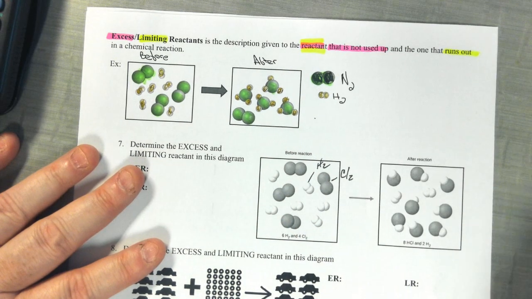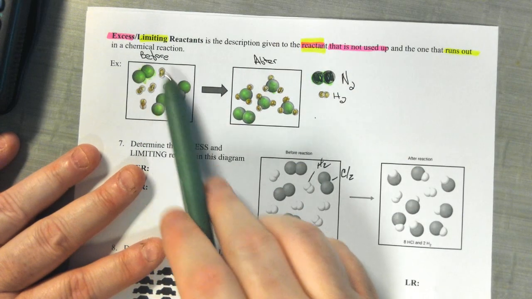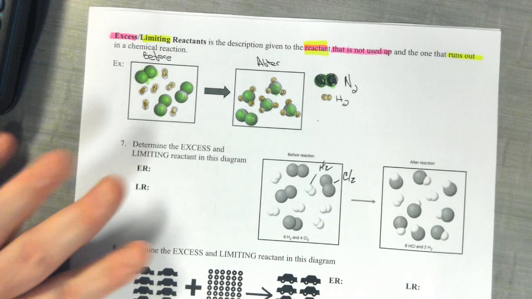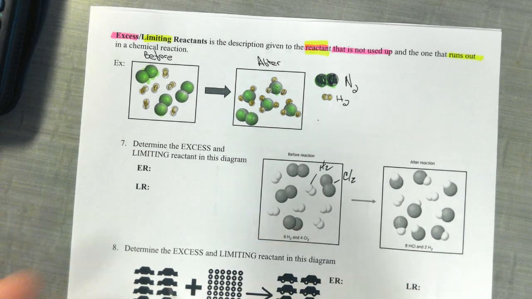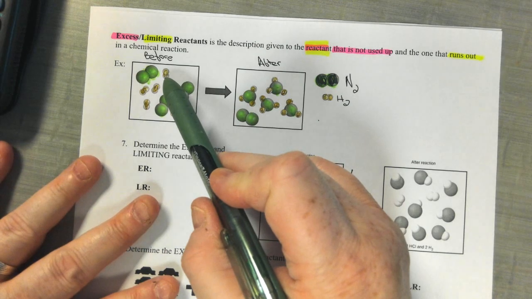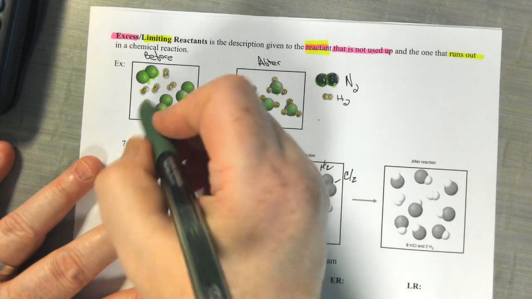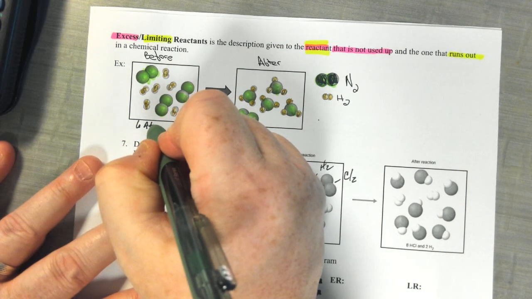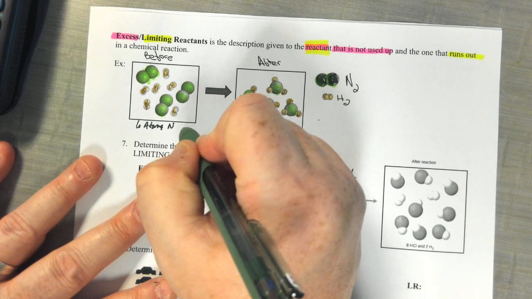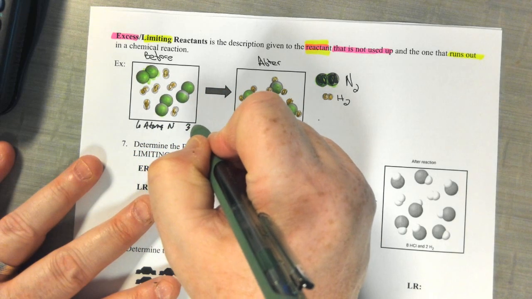So looking at this diagram, we got 1, 2, 3, 4, 5, 6 of the nitrogen atoms. So we have 6 atoms of N, or 3 of N2.